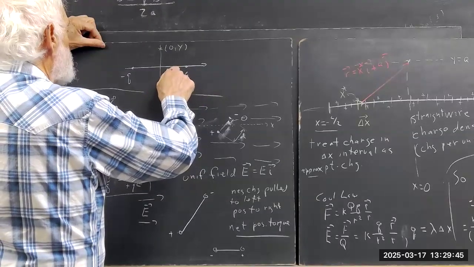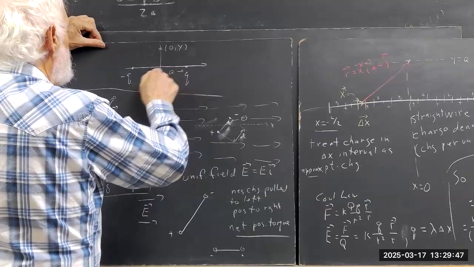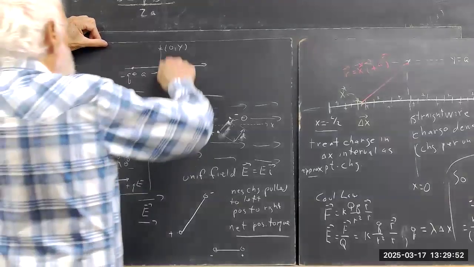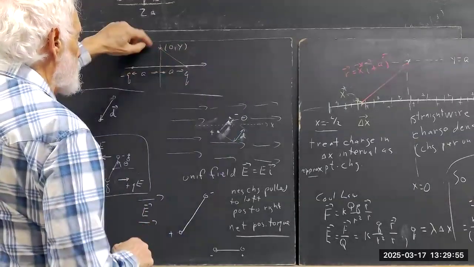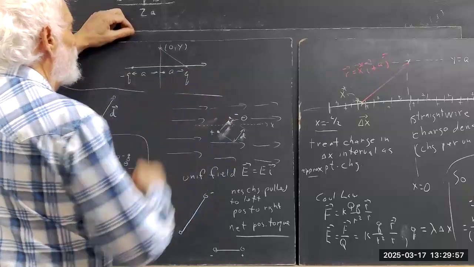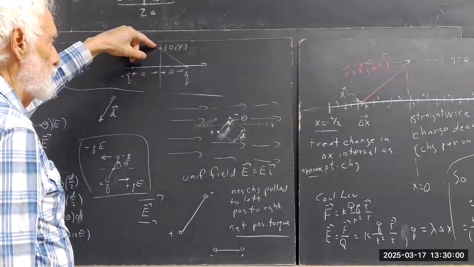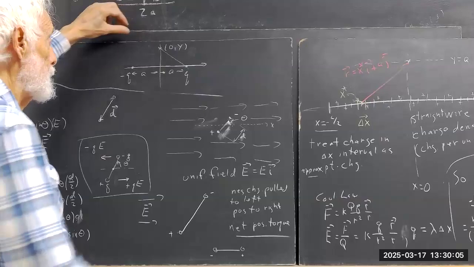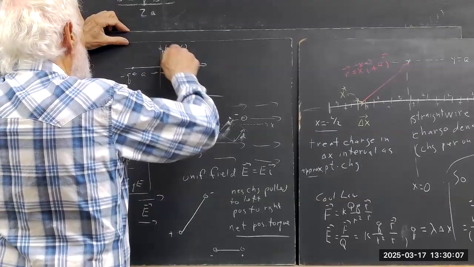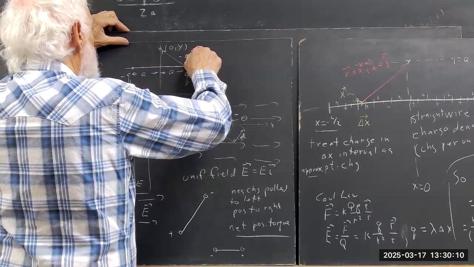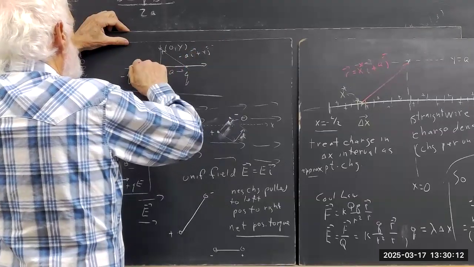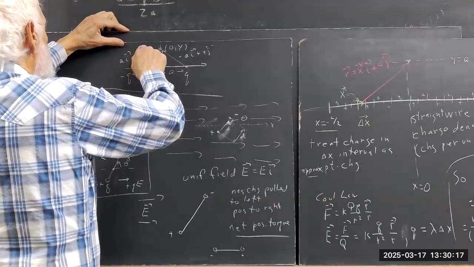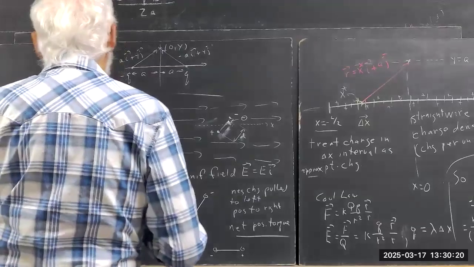And this distance here is A. This distance here is A. So now if I want the R vector from here to here, it's going to be negative AI plus YJ. I want to do the R vector here, it's going to be AI plus YJ.